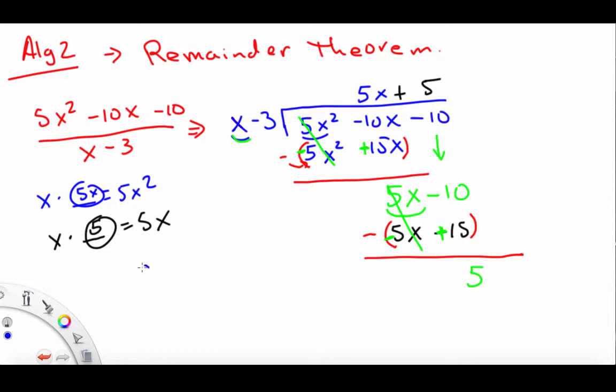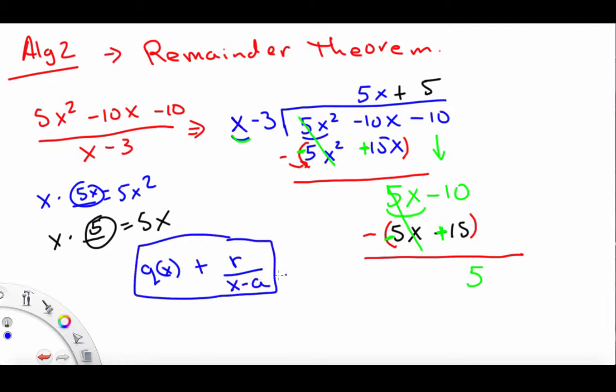We write the quotient, Q of x, plus R, our remainder, over our binomial, x minus a. So our quotient is 5x plus 5, plus 5, which is our remainder, over x minus 3. And that's pretty much it.